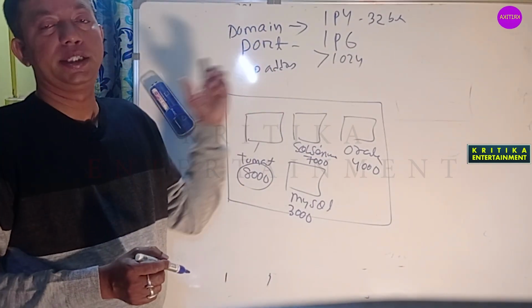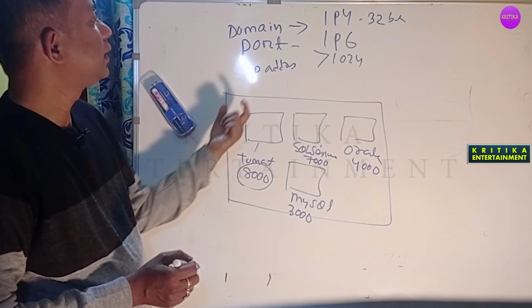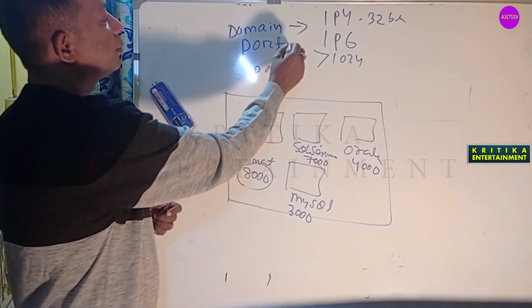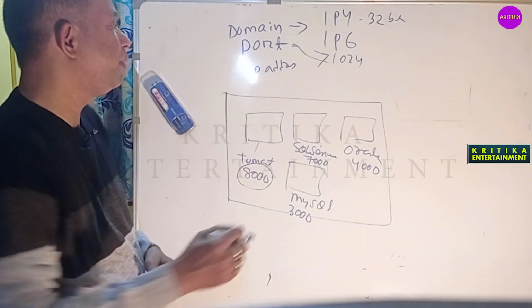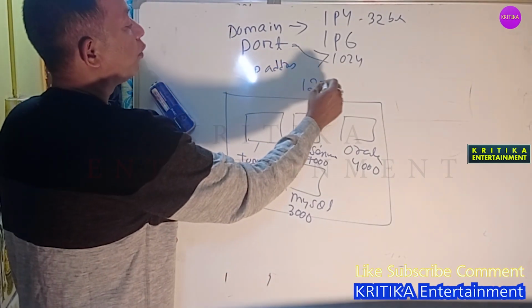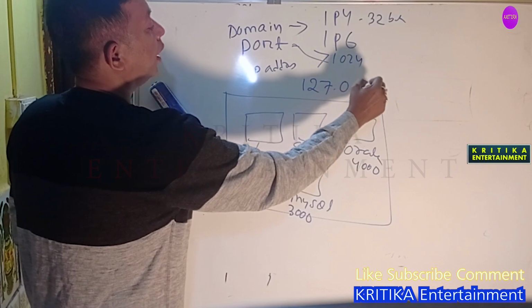Next is the IP address. What is the IP address? If it is the same machine, then you use 127.0.0.1.